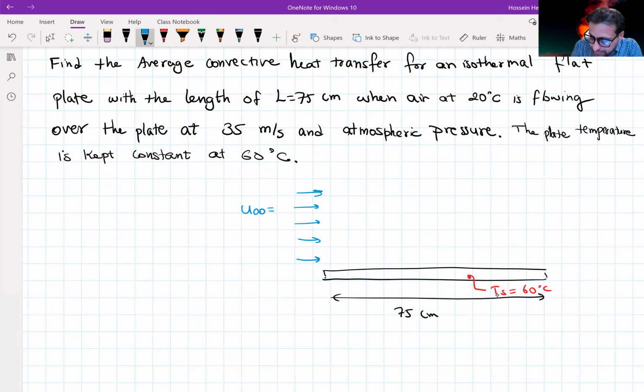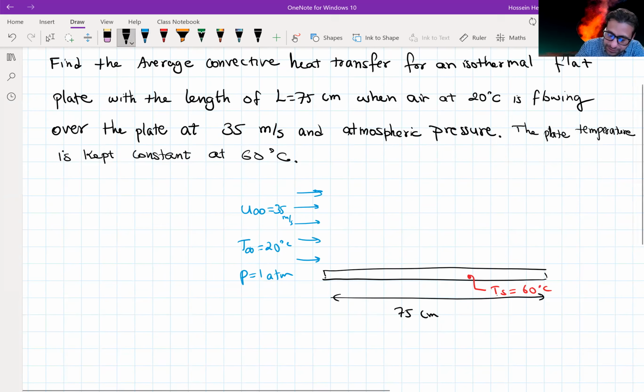So the air is flowing with the velocity of 35 meters per second with the temperature of 20 degrees C. And pressure is given at 1 atmosphere. So air is flowing over this flat plate and we're going to find what is h.